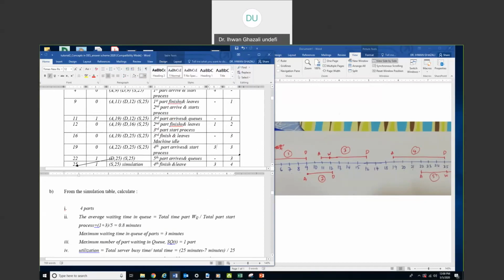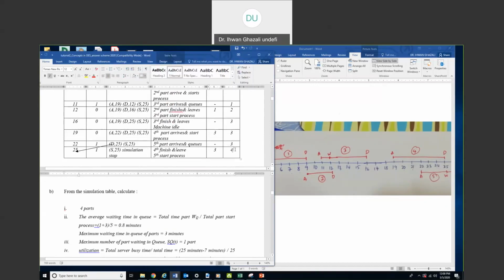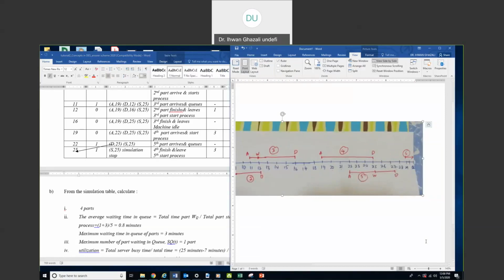Oh, I see. I remember. This one is actually total parts started. Actually, here is 4, right? Why do we calculate 5? Because here we already consider it as 5 parts, not 4.